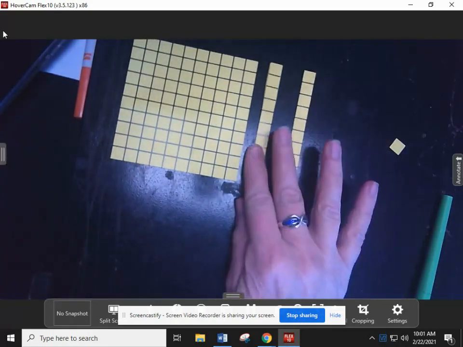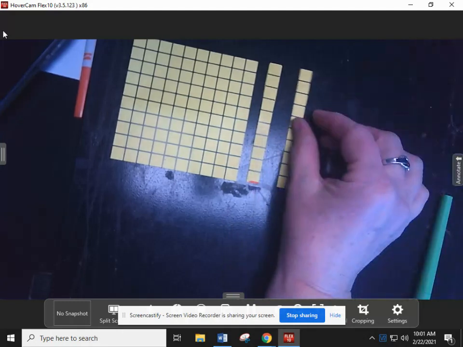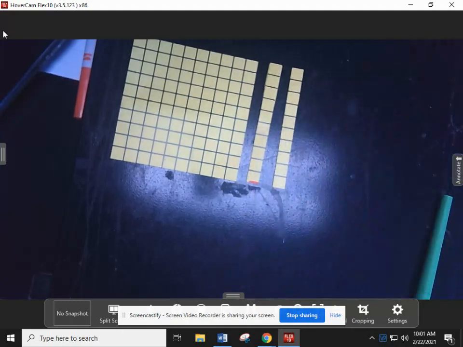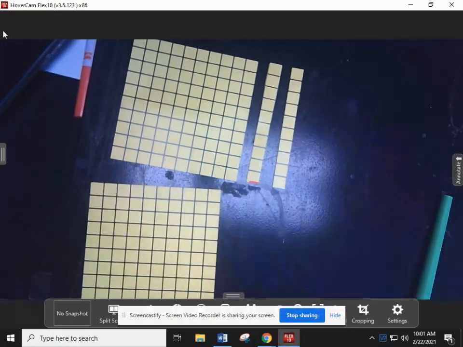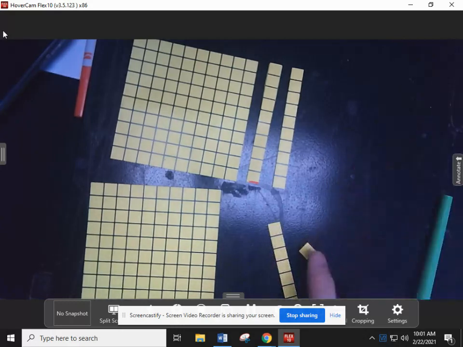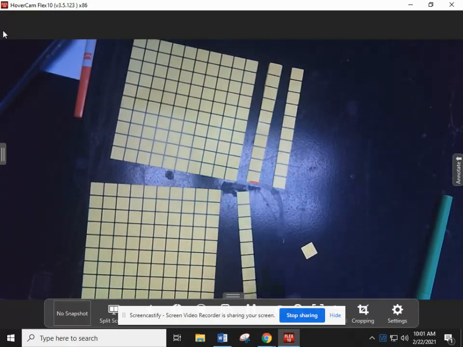So I now have 1 2/10. Now I have to make 1 9/100. Do I use these or do I use these? Saphira's table. Which kind do I use to make the 9/100? This kind or this kind?